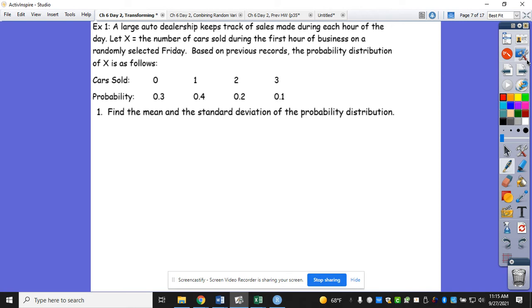And show work. And it told you this is X, so you're doing mu of X and sigma of X.